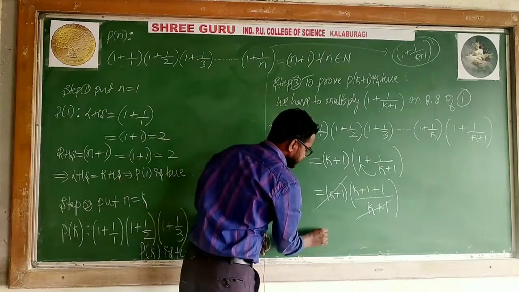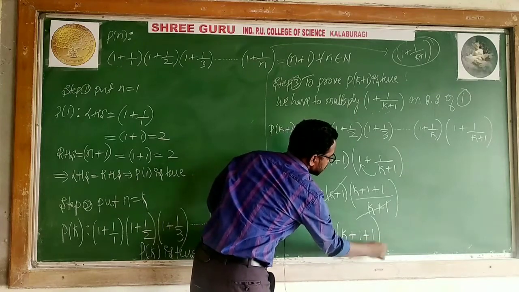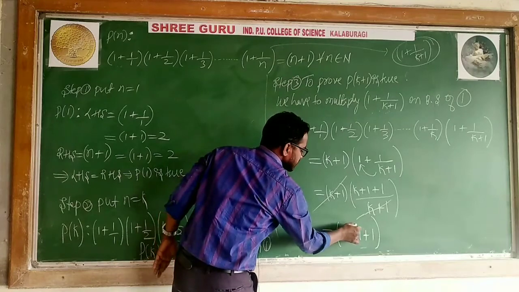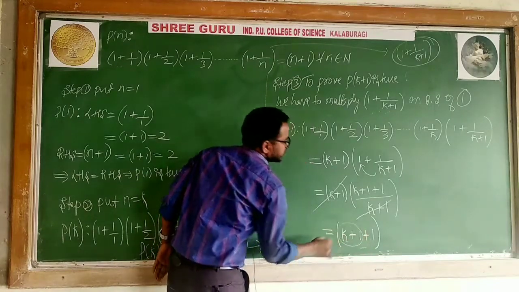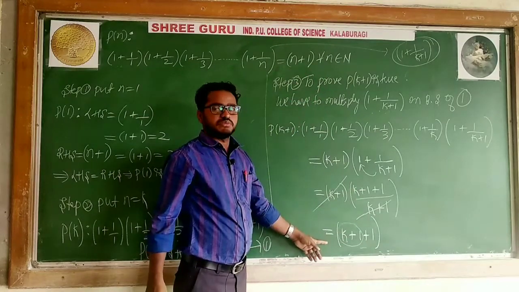So I can say here what happened. K plus 1 got it. K plus 1 got it. N place is what? K plus 1, like n plus 1. N is replaced by k plus 1, means what happened?